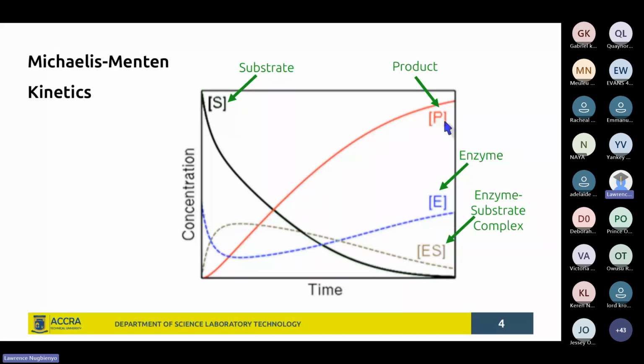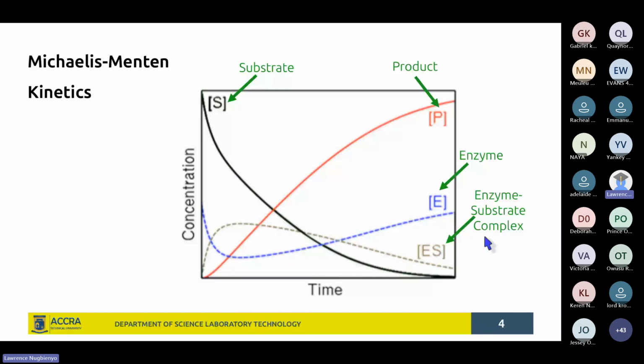All right, so you have the substrate concentration, product concentration, enzyme concentration, and then the enzyme substrate complex, which you do remember we talked about, looking at the profile of every catalytic reaction, that the enzyme substrate complex will be the transition state, and it is from that transition state that you then have the formation of products.